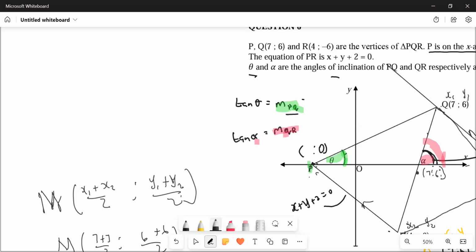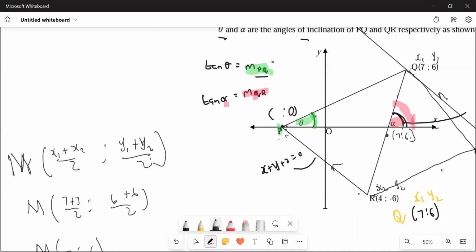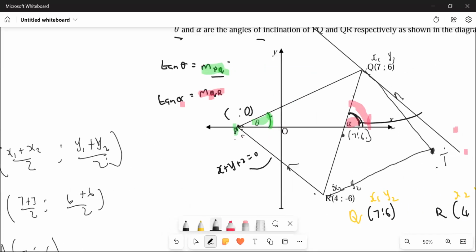7 and 6. Okay. Now this midpoint, look at what is going to happen. This 7 and 6. What's happening here? Guys, you made me lie. We said this one plus this one. It's 7 plus 4. Guys, 6 plus minus 6.